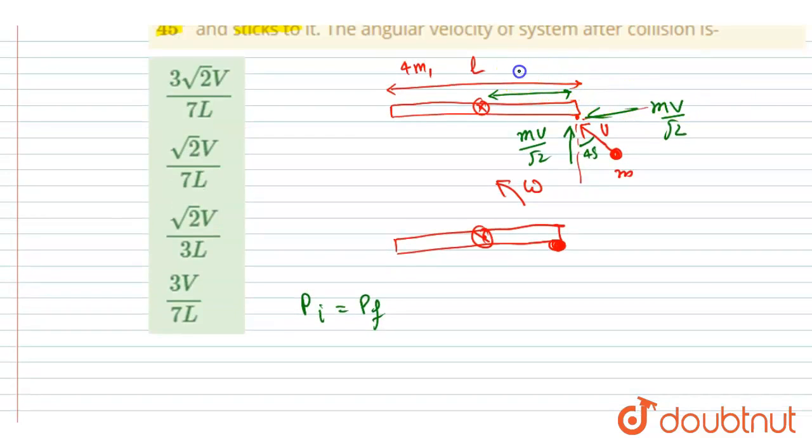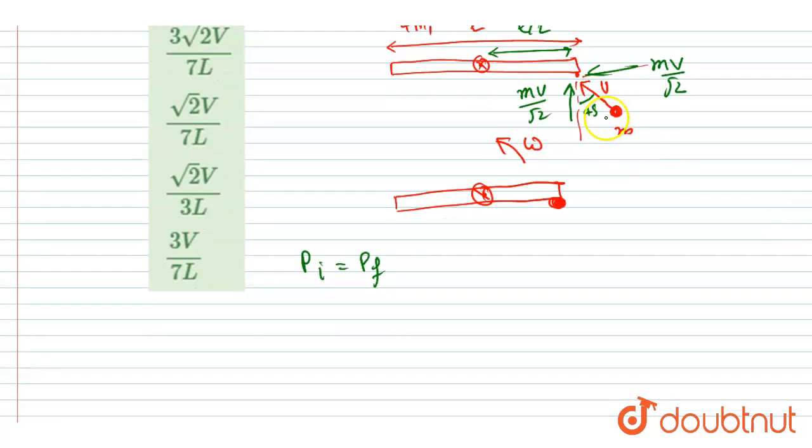So if I take p perpendicular into r, it will be mv by root 2 times L by 2, the initial angular momentum, right? The perpendicular component of the linear momentum is this, and the along component won't provide any angular momentum, right? So it will be this.